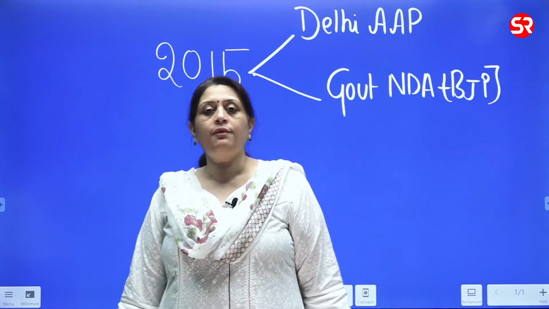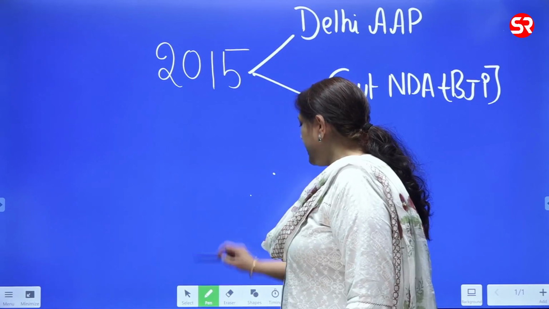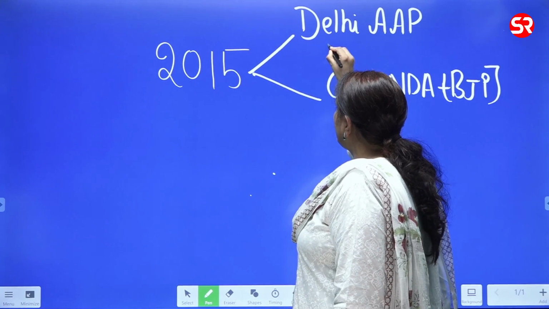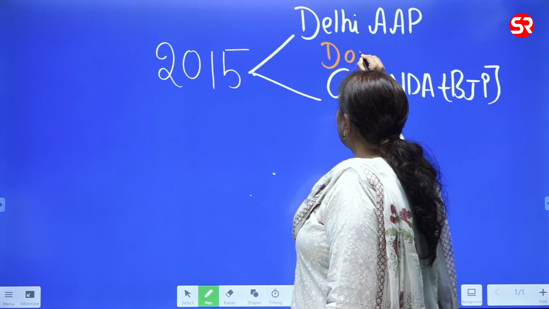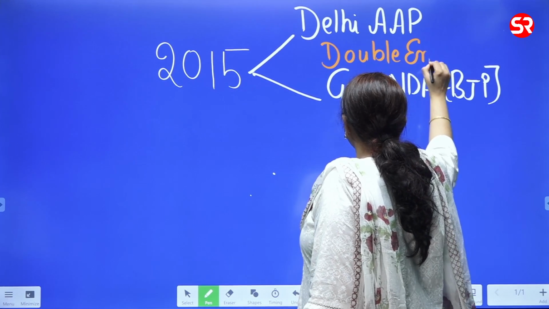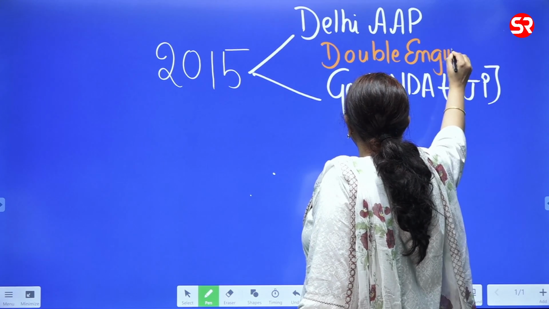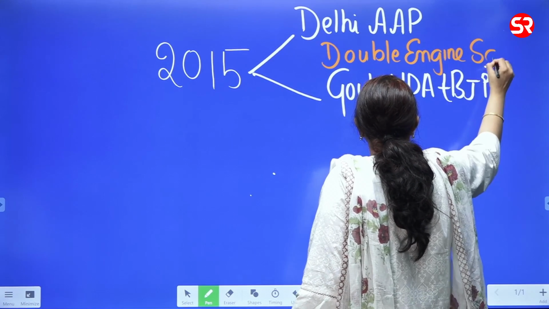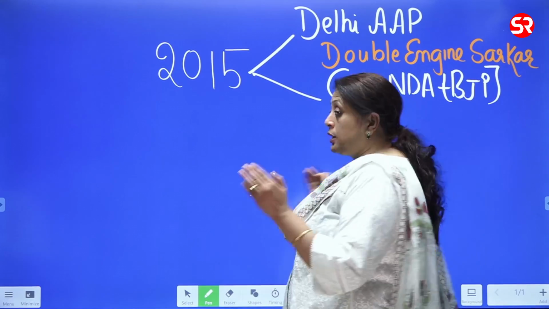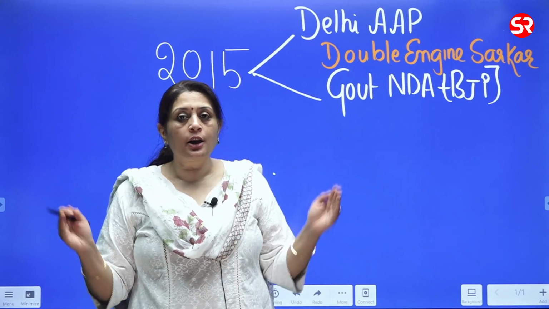So, this thing should give you an idea that Delhi is one place where the double engine sarkar does not exist.